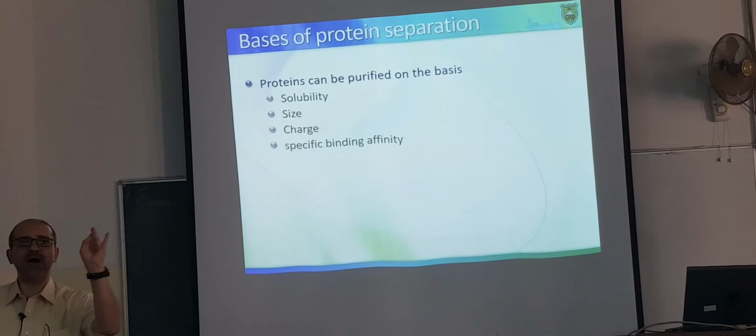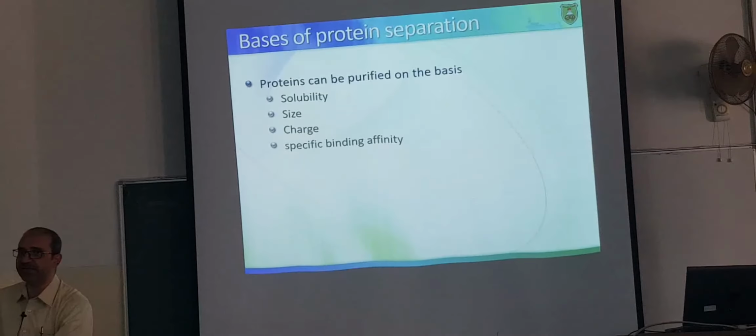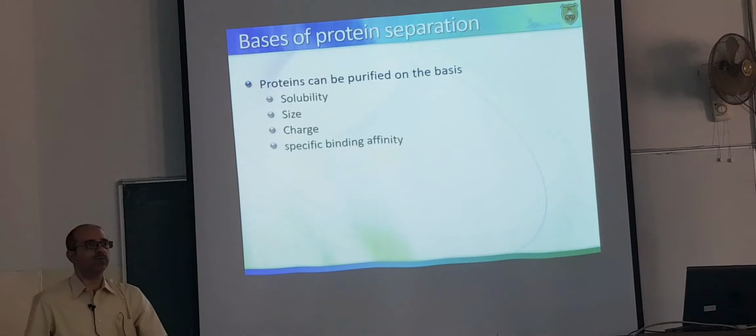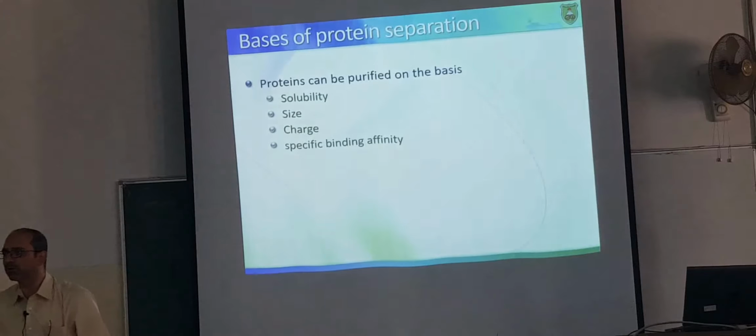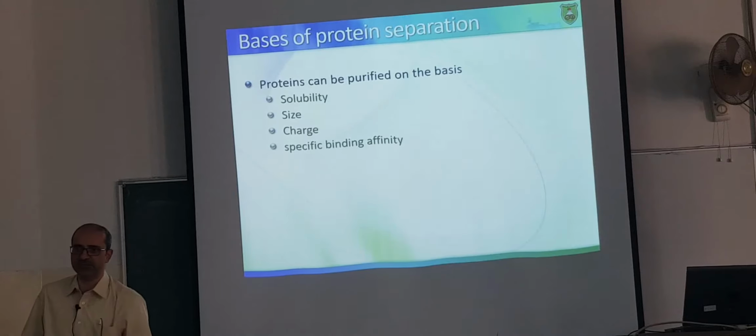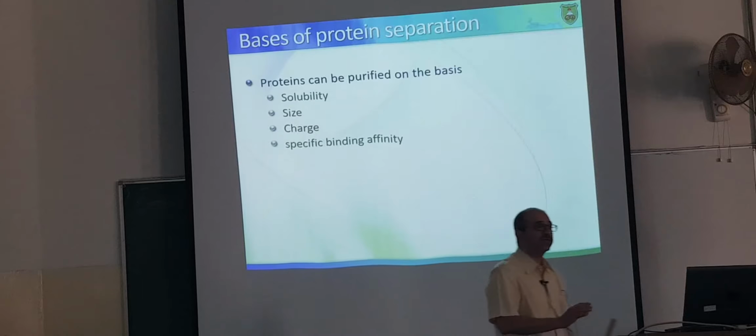Protonated or unprotonated? Unprotonated. Excellent. In that case, if we're talking about a carboxylic group, it will carry a negative charge. If we're talking about an amino group, it will lose its positive charge. Okay?